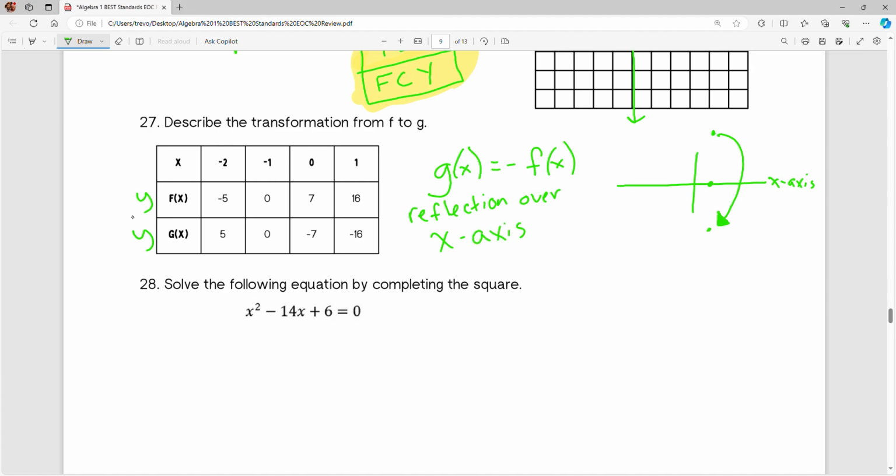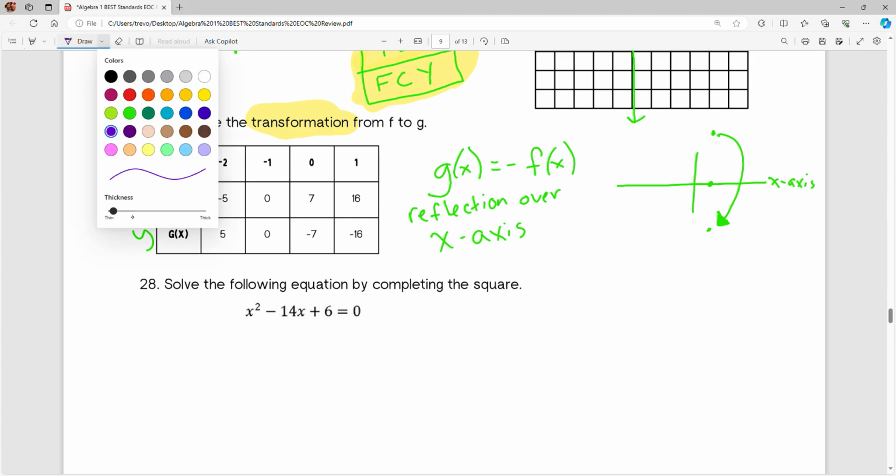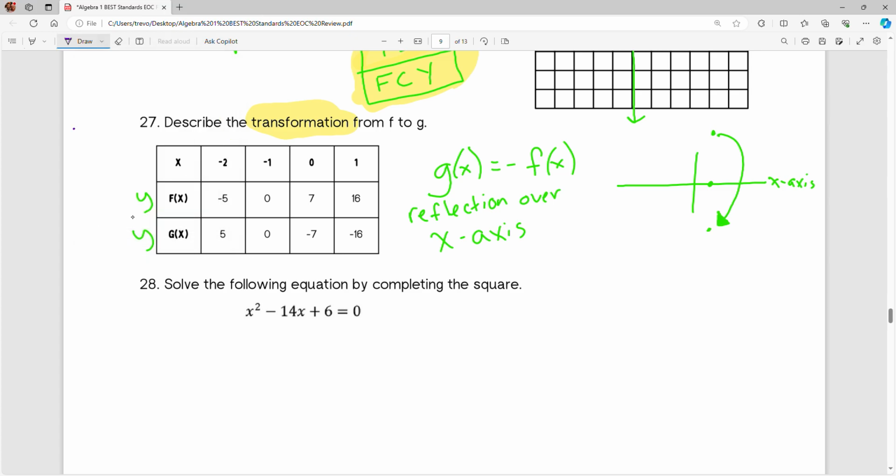And to practice transformations, which you will see on your algebra end of course exam, I recommend IXL lessons C8G, 6YS, and 9TC.